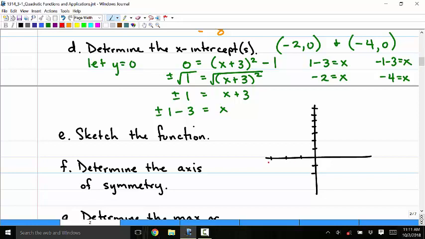So negative 3, negative 1 is here. 0, 8 would be here. And my x-intercepts were at negative 2, 0 and negative 4, 0. My function would look like this.